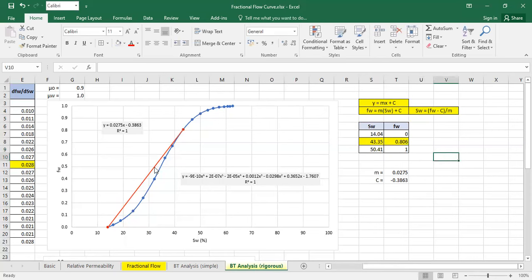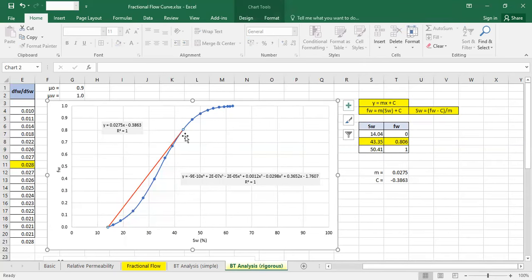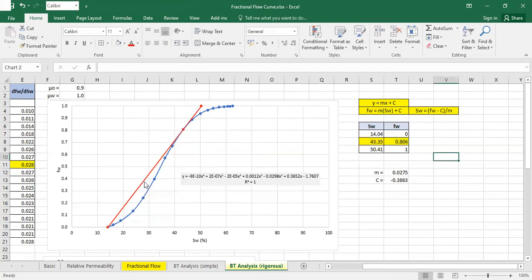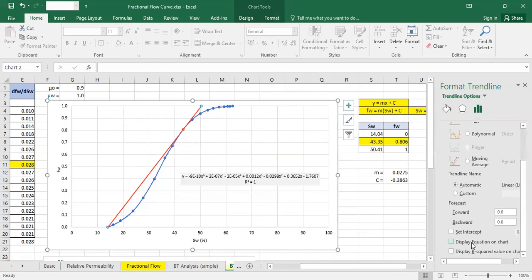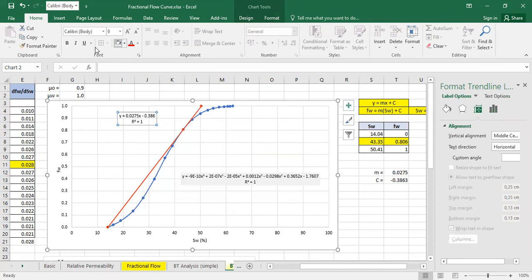Okay, and we can extend the straight line. I will delete the equation first, and like this, you get that. You can remake the trend line and you will produce the same equation, of course. And if you want, make it bold.